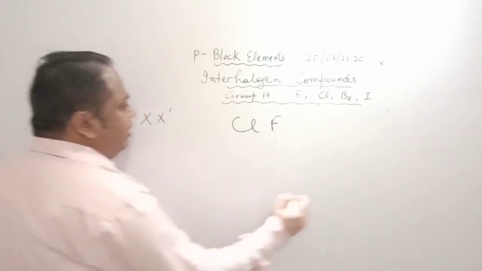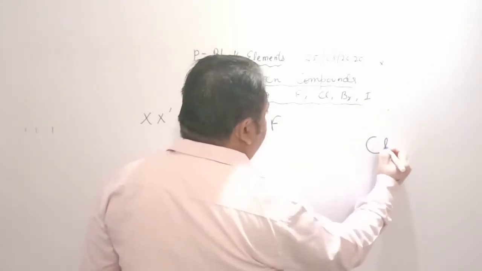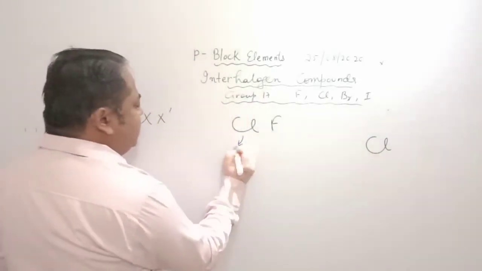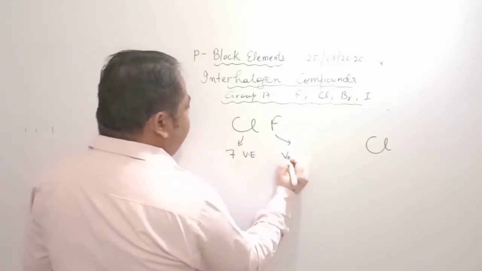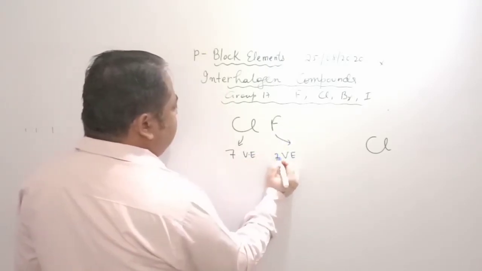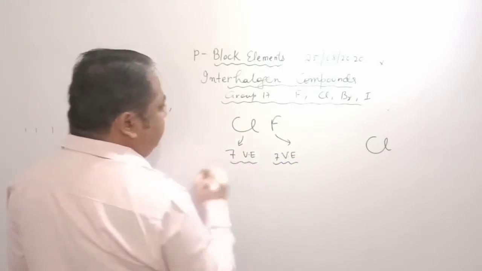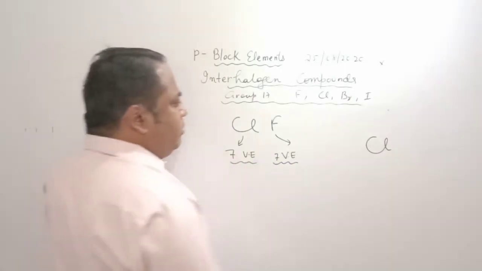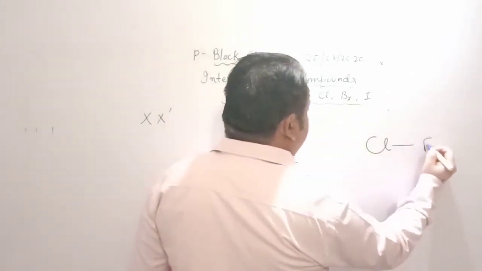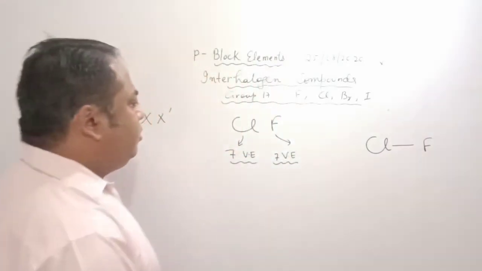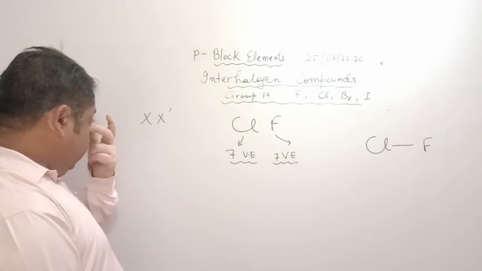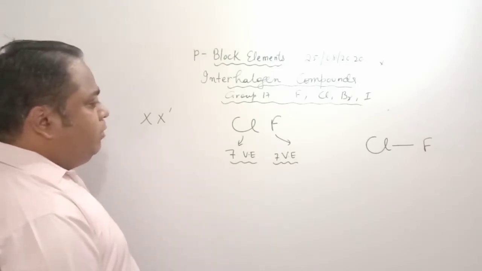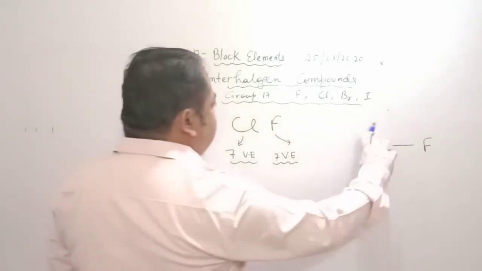Very clearly here chlorine has 7 valence electrons and fluorine also has 7 valence electrons. Now both will share to form an octet, so one bond pair will be there. Whenever we see hybridization, or electron pairs, we see the electron pairs around the central atom.